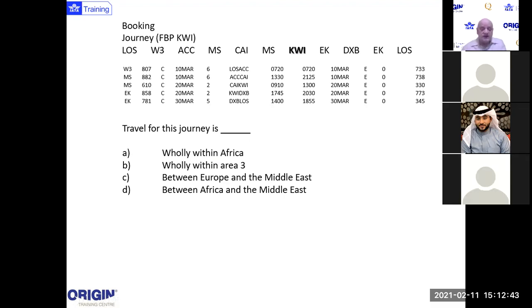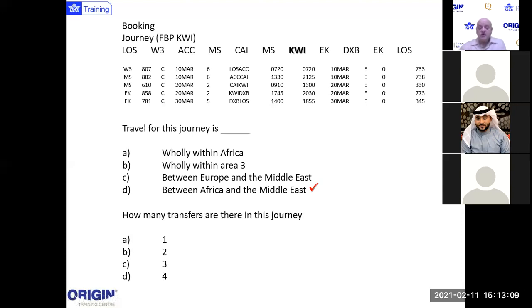It's going to be Area 2. Anywhere in Europe here? No. In that case, it's got to be D. Even without reading it, I know it's got to be D because it cannot be the first 3. And that's 1 point in an exam.